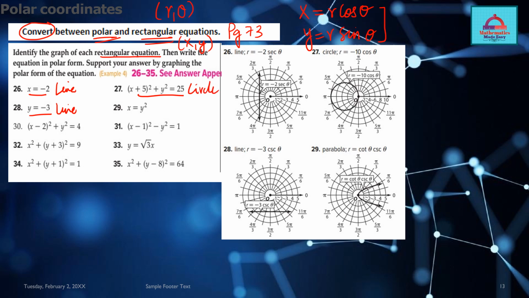So even before you draw the graph, looking at their equations, the rectangular equations, you could identify what conic section it is. So if you see, it is asking, write the equation in polar form, then support your answer by graphing the polar form of the equation. So you know that you have identified the graph is going to look like this.